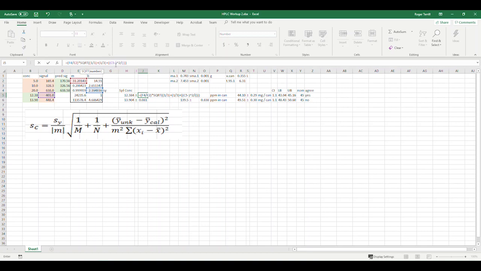So I'm just going to type average, right? And when I clicked on average to have it type average for me, it actually ate a parenthesis for me. So I need to add a parenthesis here.